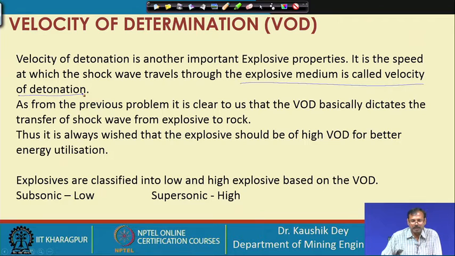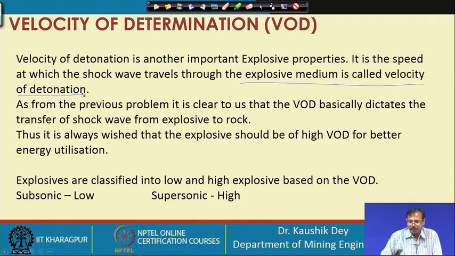From the previous problem it is clear to us that the VOD basically dictates the transfer of the shock wave from the explosive to the rock, and thus we always want the explosive to have a higher VOD, so that we can have better energy utilization in blasting.